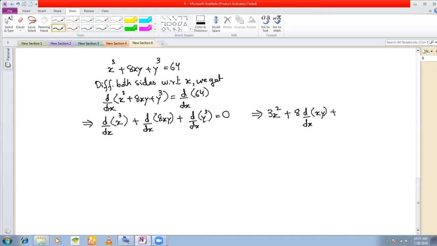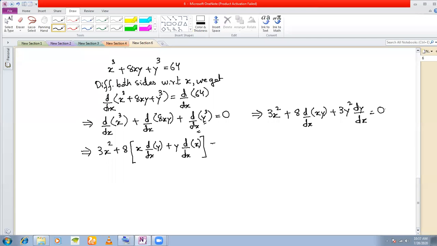And differentiation of y cube with respect to x would be, first you differentiate with respect to y and multiply it by dy dx, so 3y square dy dx. Now 3x square plus 8 times x d dx of y plus y d dx of x, plus 3y square dy dx equal to 0.